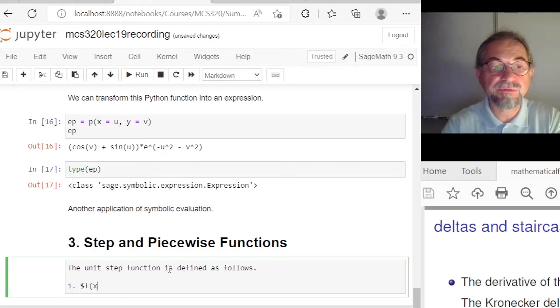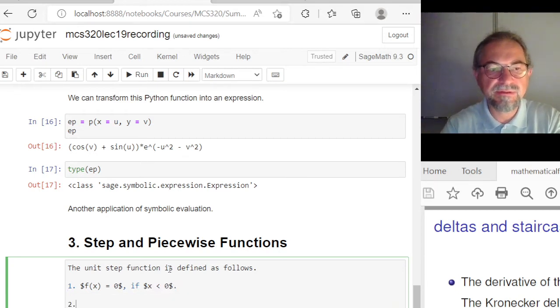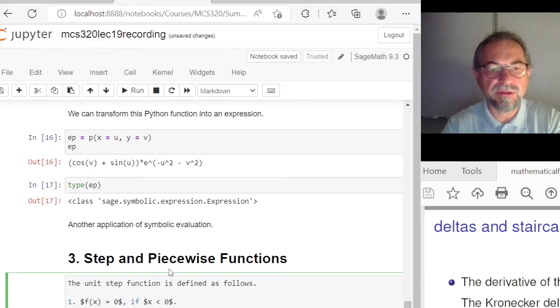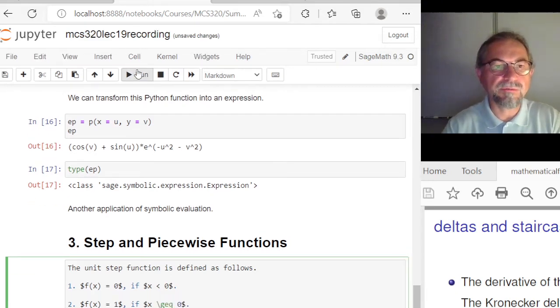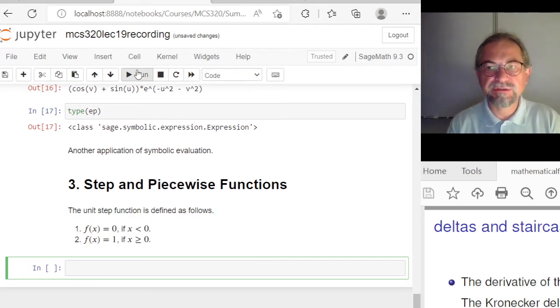You could see this also a little bit as rule-based programming. If x is less than 0, then f of x is 0. f of x is 1 if x is greater or equal than 0. We will see that this is the definition that the built-in unit_step uses.